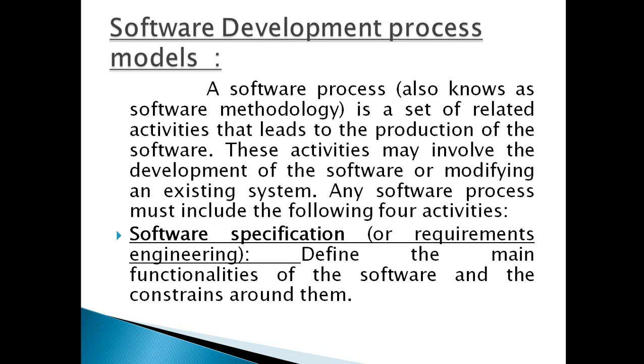You can look at the screen. A software process, also known as a software methodology, is a set of related activities that lead to the production of the software. These activities may involve the development of the software or modifying an existing system.